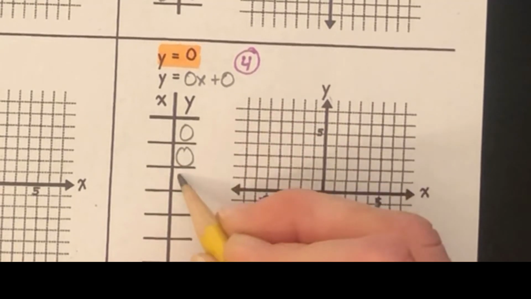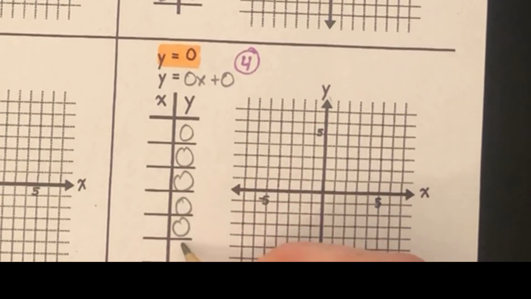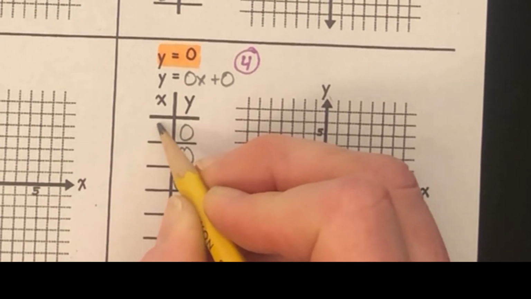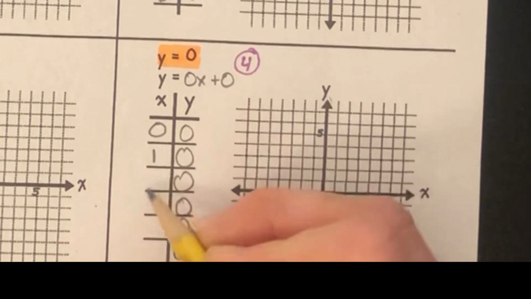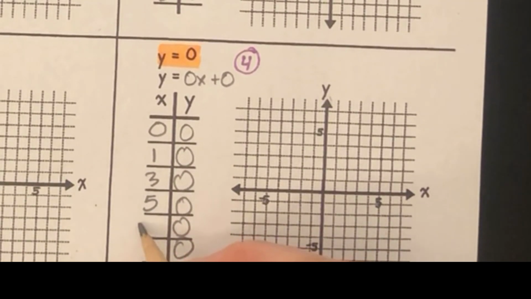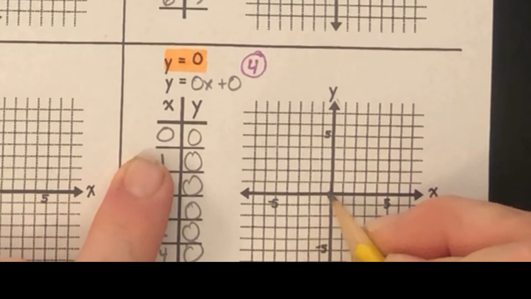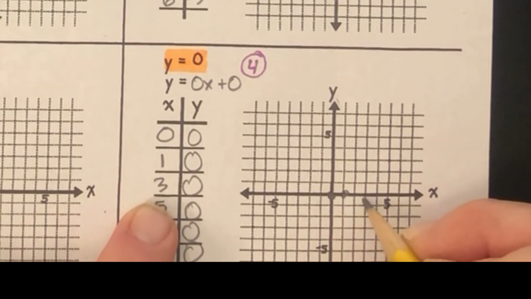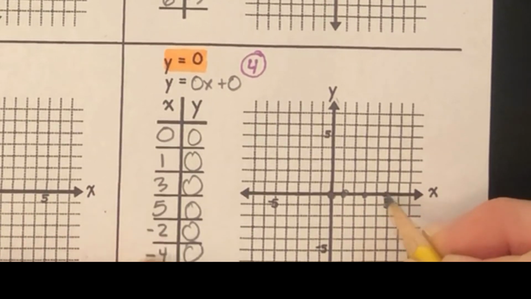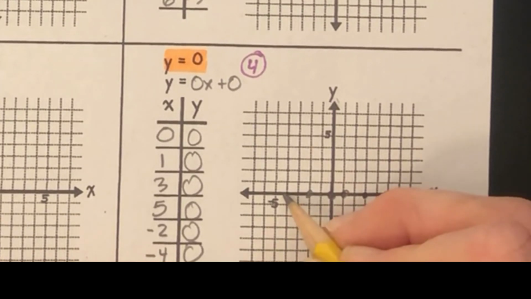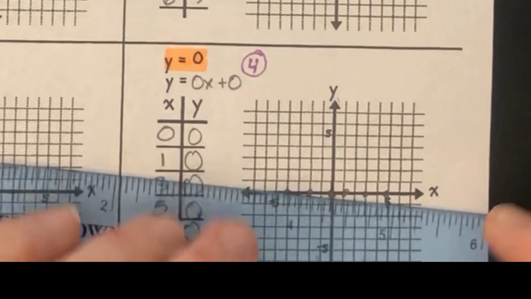Well, so we'll do, let's see, 0, 1, 3, 5, and then negative 2, negative 4. So the points are 1, 0, 3, 0, 5, 0, negative 2, 0, negative 4, 0. And here is my line.